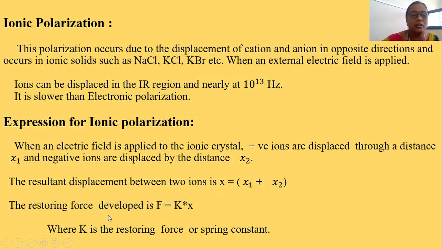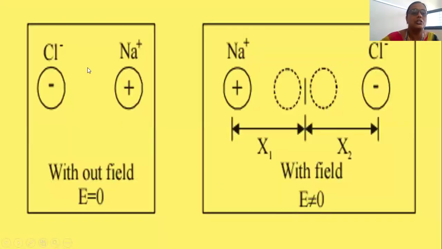Then the restoring force, because the equation for restoring force is F is equal to K into X, where K is the restoring spring constant. Without a field, there will be no displacement. When we apply the field, we get the distances x1 and x2.